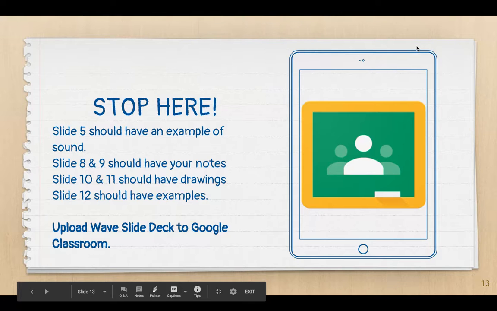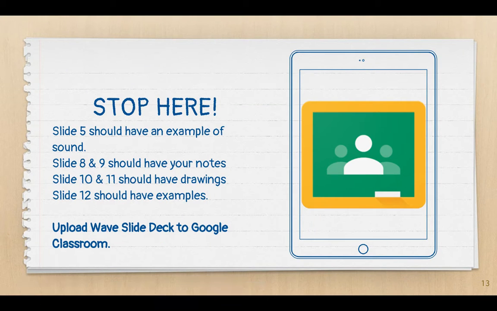That's where those vocabulary words were, in addition to the low and high amplitude and frequency information. Slide 10 and 11 should have the drawings that you made, in addition to moving the text boxes so you could label your parts. And slide 12 should have the 3 examples of how waves can be combined.